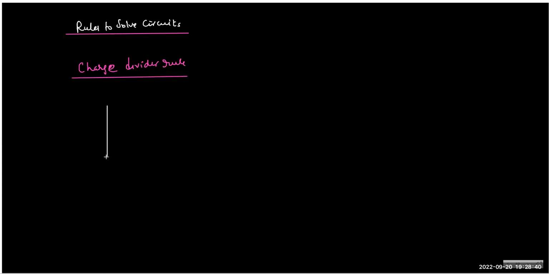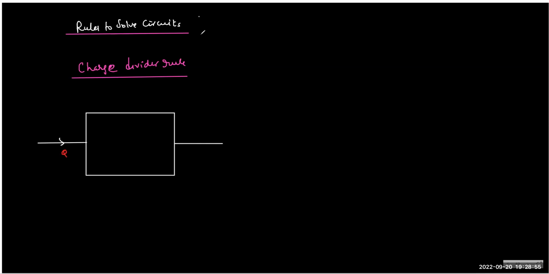So if you know what charge is coming here, and you know that we have capacitors here, the charge which will divide here will be in the ratio of the capacitances, C1 by C2.